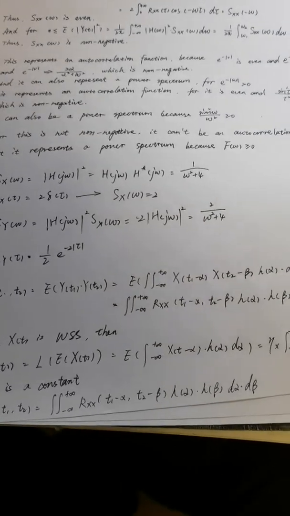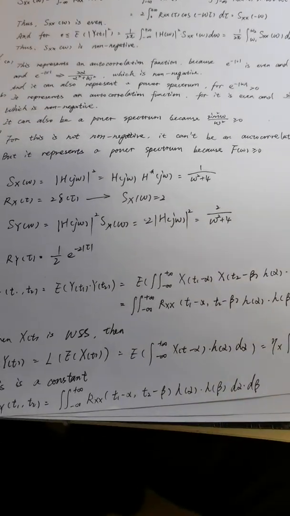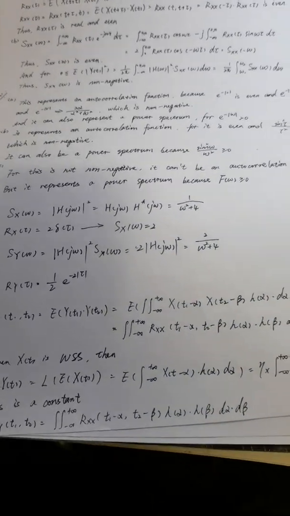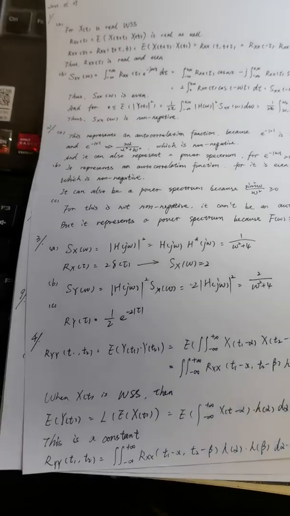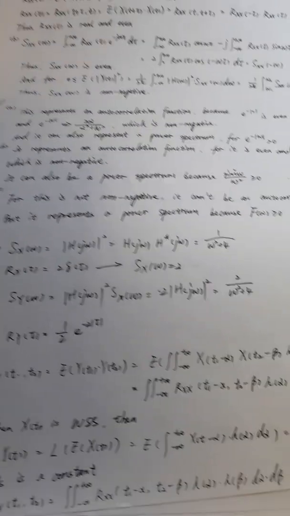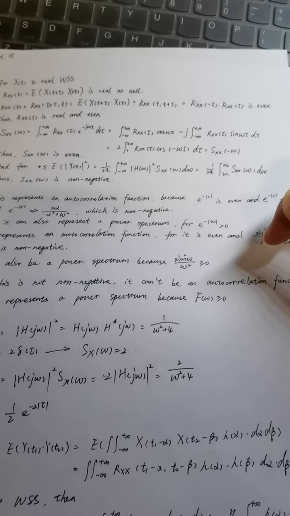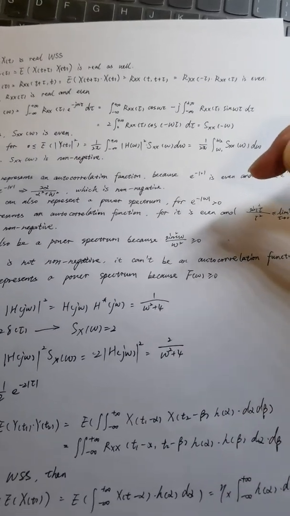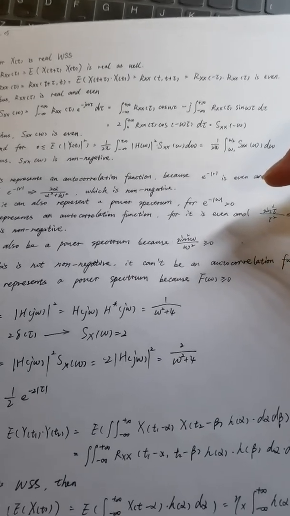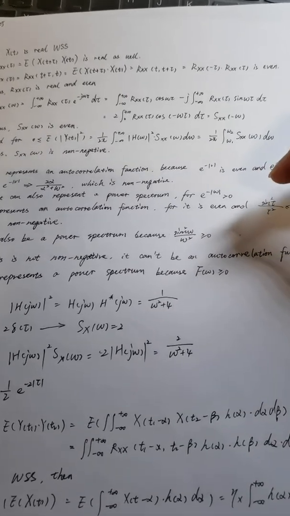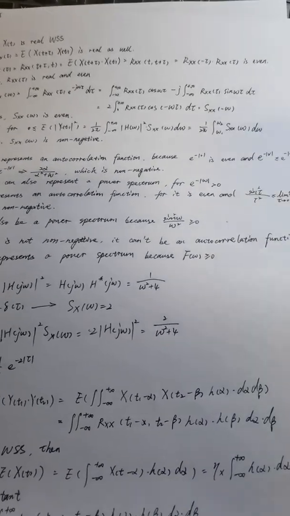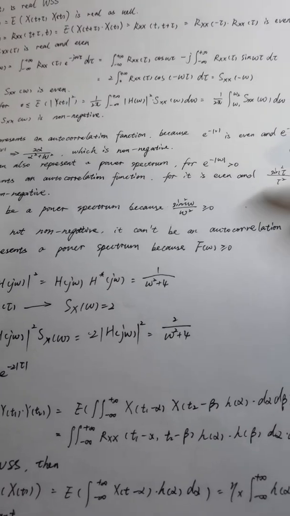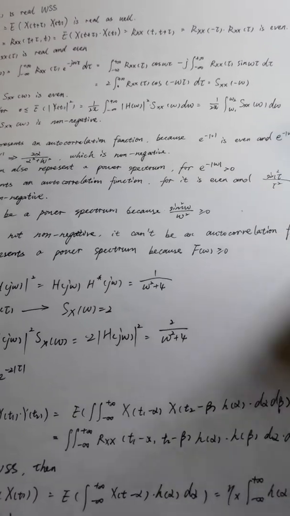And for the first function, f(v) equals e to the power of minus absolute value of v. We can see from the properties that if R(tau) is the autocorrelation function of a real WSS stochastic process X(t), then it is even, and R(tau) is smaller or equal to R(0), and its Fourier transform is non-negative.